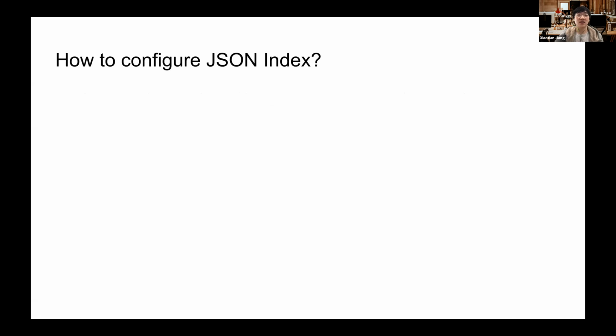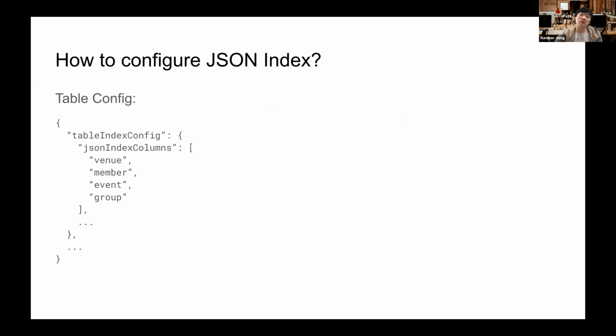Next, I'll first talk about how to configure the JSON index. It's quite simple. In the table config, there's a table index config field, and inside we introduced a new JSON index columns field. It's an array, and you can put all the columns you want to add a JSON index to.